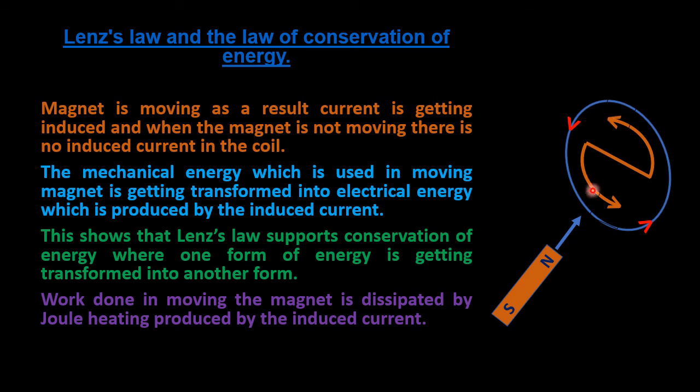So that electrical energy will be given out to the surrounding in the form of heat. As we all know, if a current flows through a conductor, then the resistance of the conductor will oppose the flow of current, due to which heat will be produced, and that heat will be given to the surrounding.